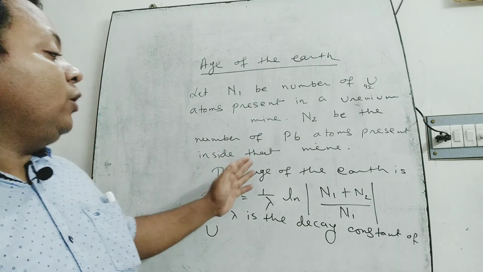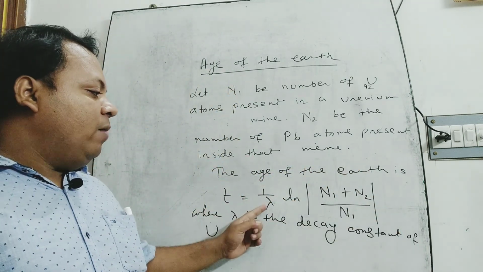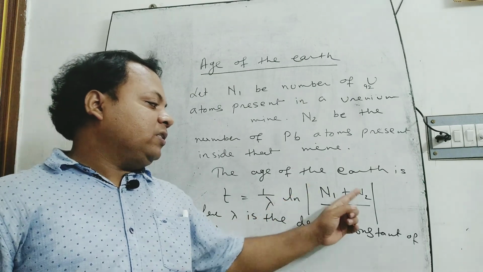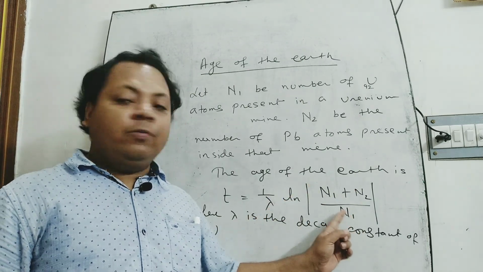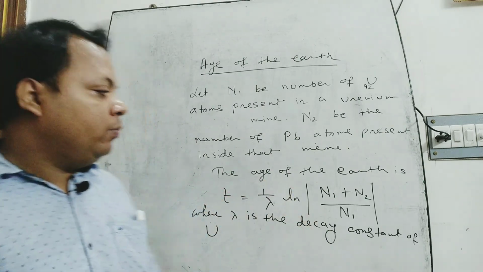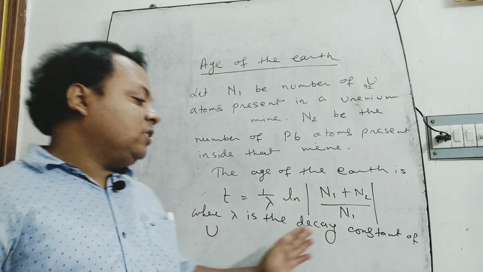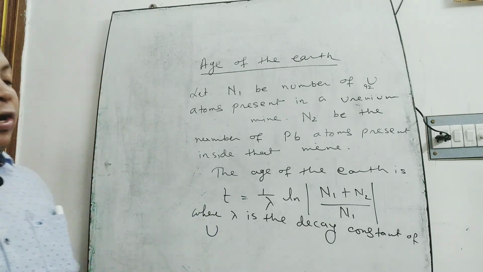Now the age of the earth is small t is equal to 1 by lambda ln of N1 plus N2, whole divided by N1. This is the expression of the age of the earth, where lambda is the decay constant of uranium.